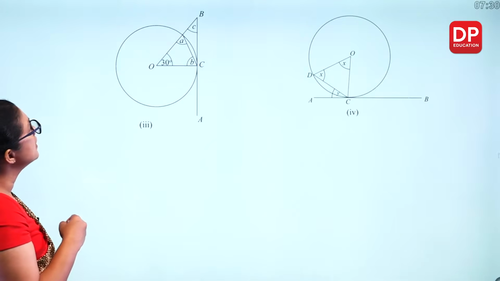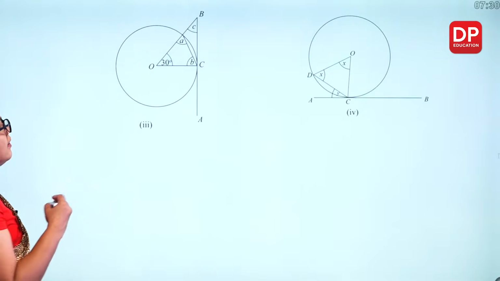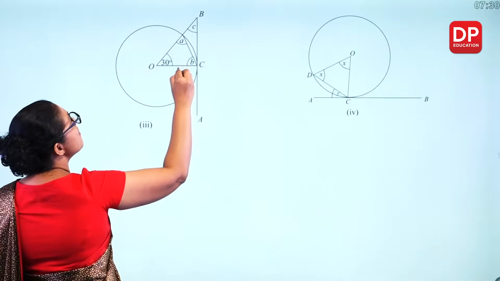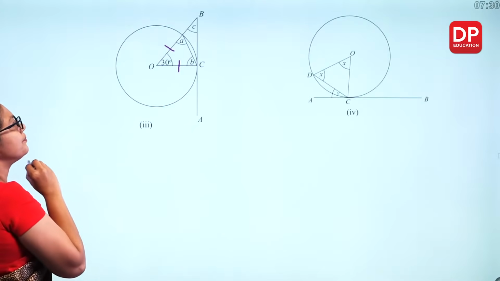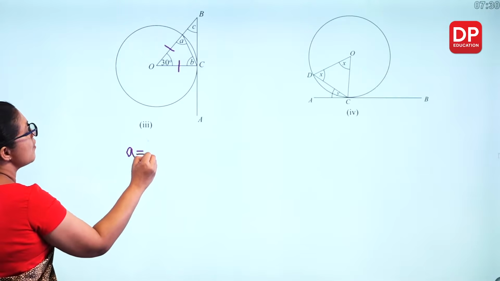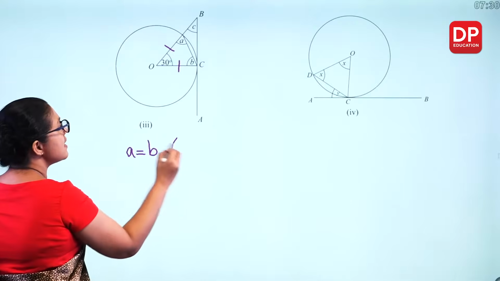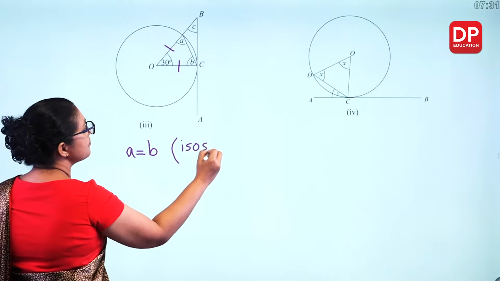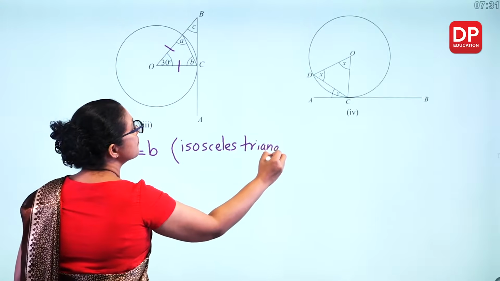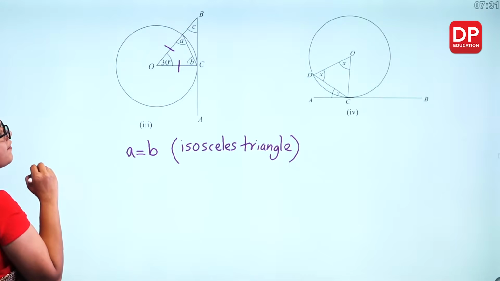Next part, you are asked to find out ABC. Look at this triangle, the OC and this line both are radii. These two are equal. So we can straight away write down A equals B, because of the isosceles triangle. Then what's the next thing we can write down?